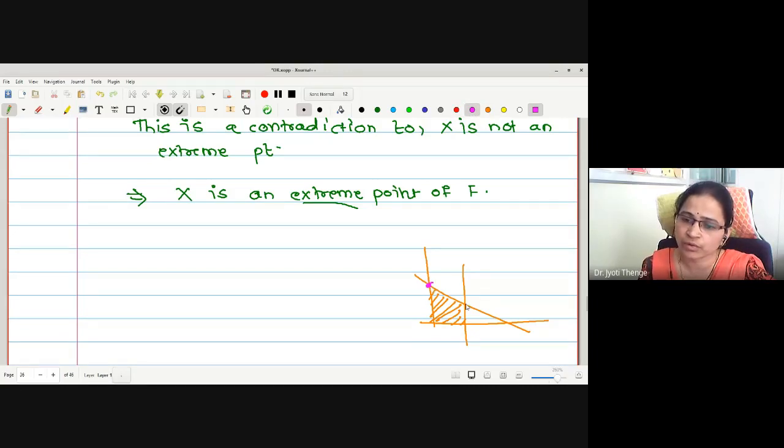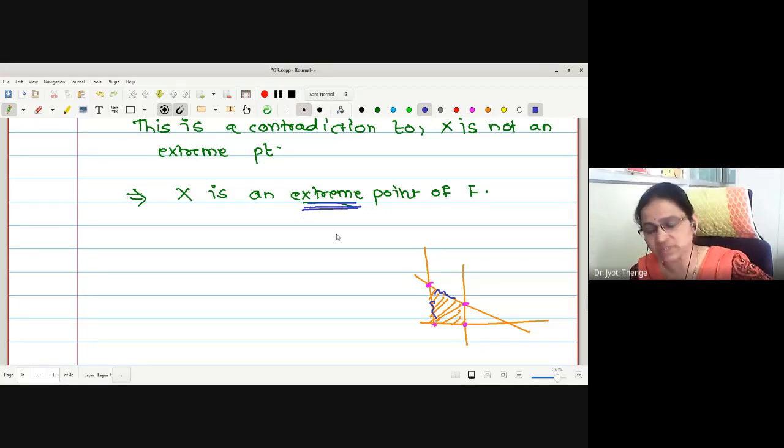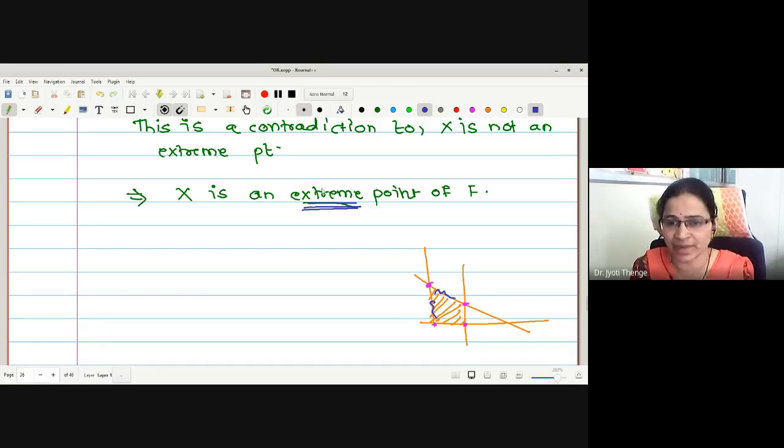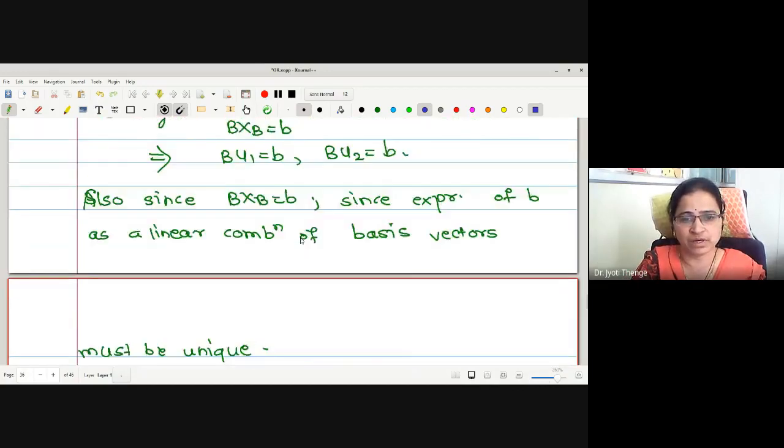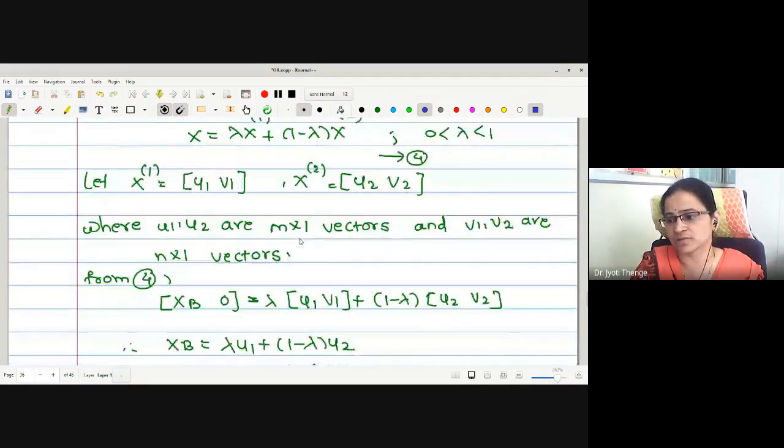We were not finding the value at the boundary points. Why? Because basic feasible solutions occur only at the extreme points, and we find the values of the objective function at all basic feasible solutions, and whichever gives us the optimum will be the optimum basic feasible solution. This is the reason we find the value of the objective function only at extreme points. This is the first fundamental theorem. If you have any doubt in this, you can ask me.